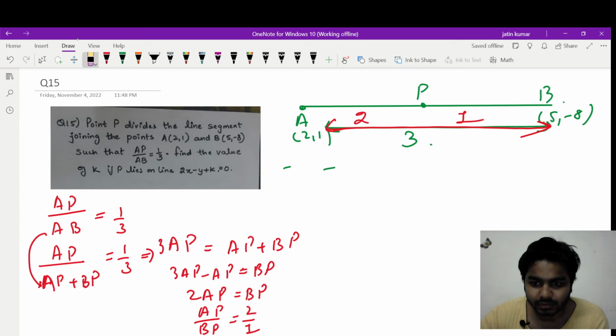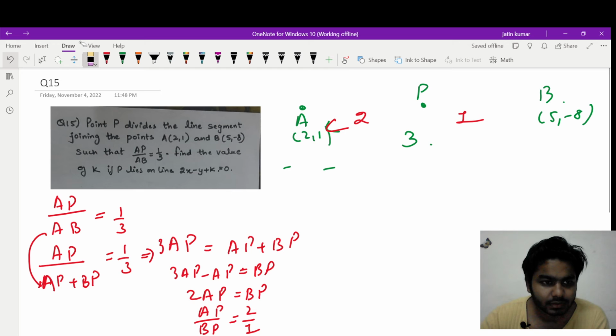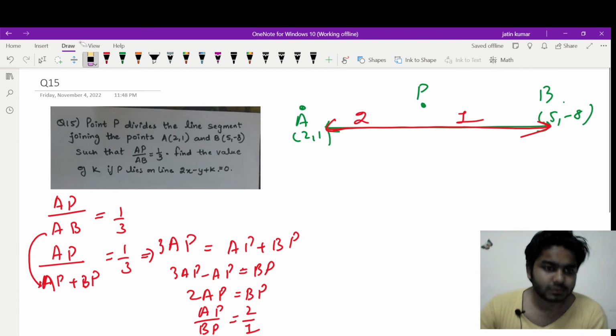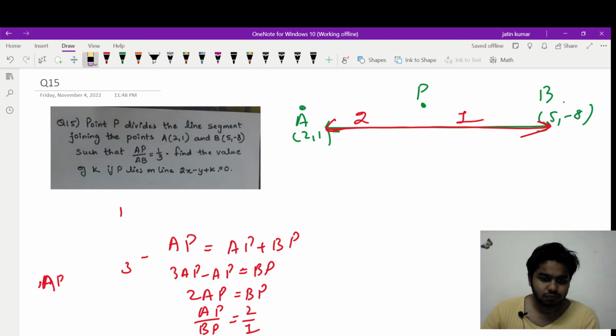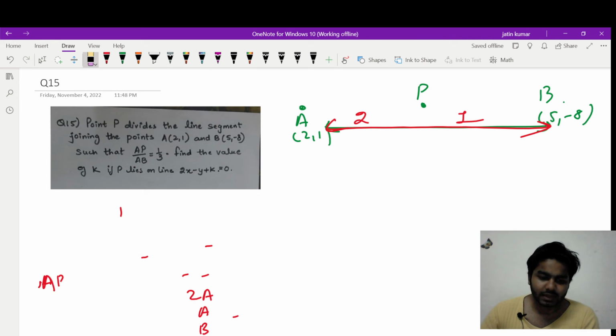So we have got our ratio on solving it, 2:1. Now we have got the ratio. Can we find the coordinates?